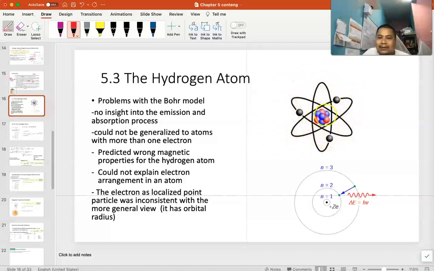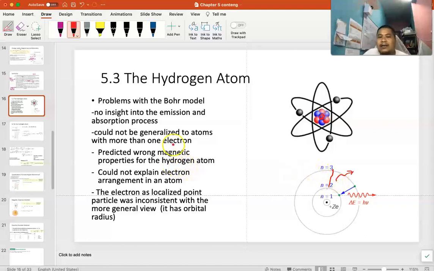That means we have a nucleus and then we have an electron orbiting the nucleus, and when the electron jumps, for example from 2 to 3, it absorbs a quantum of energy from light, and then it will return back and emit a photon of light. So that is the picture of the Bohr model.